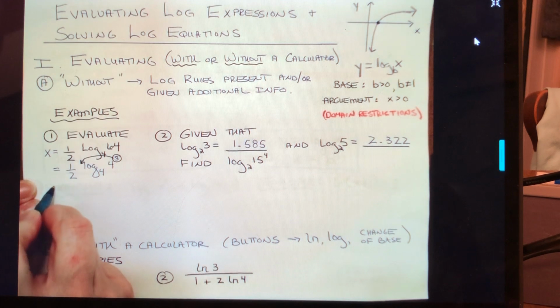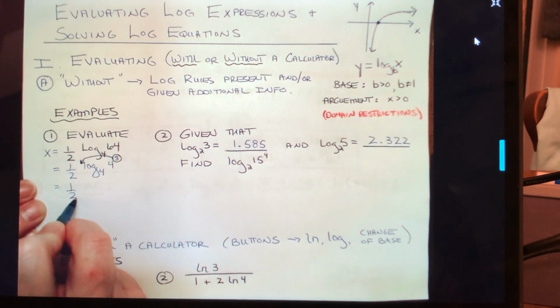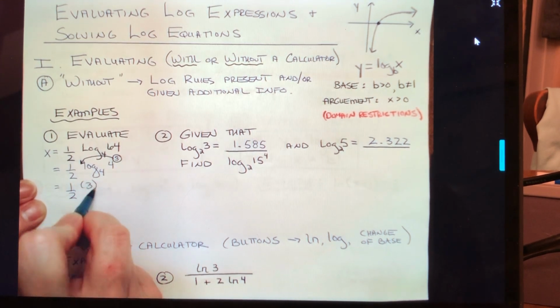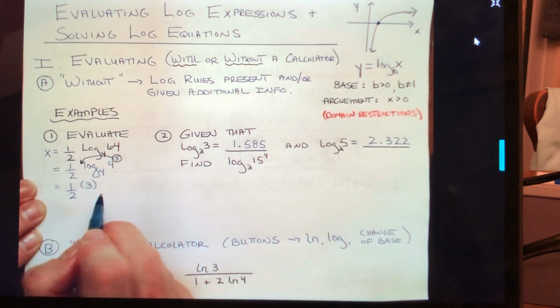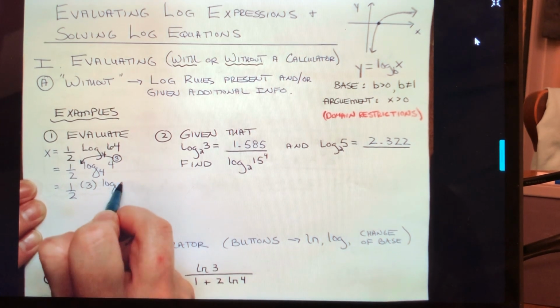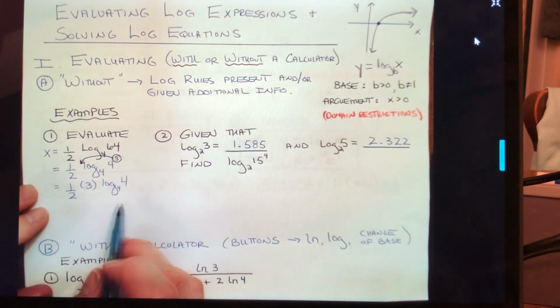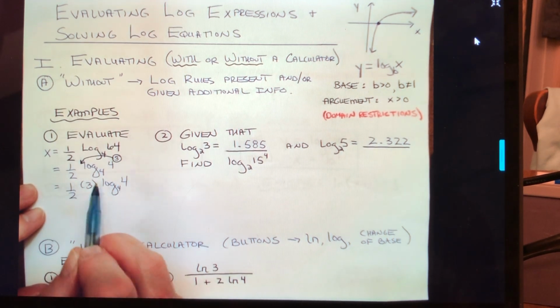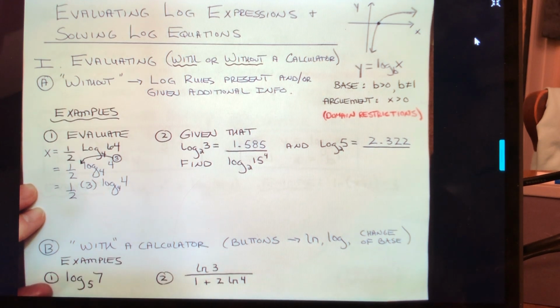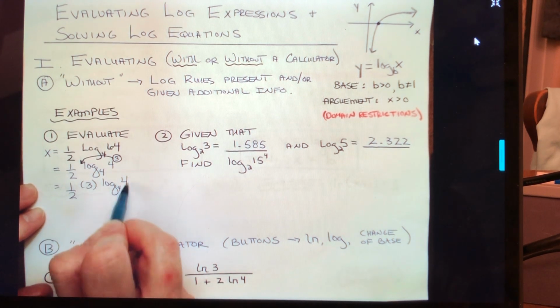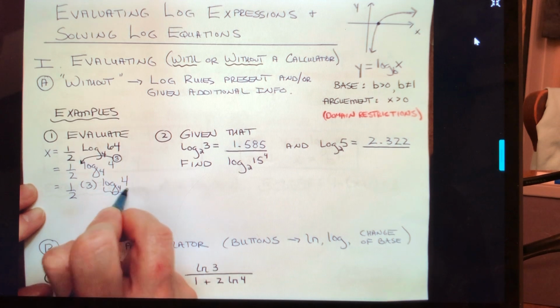And so what we have now is 1/2 times 3, that piece that I moved down there, and then we have times the log of 4 to the base 4. Now, if you remember, this is another log rule. When the base and the argument match, this actually is just 1.